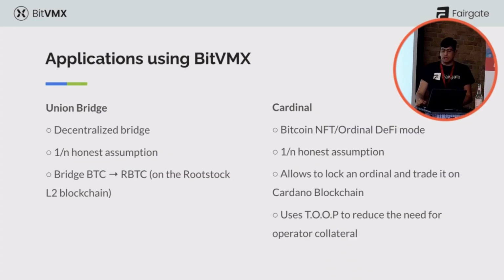It allows us to lock ordinals on Bitcoin and have them on Cardano, so we can trade them or do whatever we want with those NFTs on Cardano. We use the transfer of ownership protocol that was created by Fairgate, to reduce the need for operator collateral. We have a paper about this and more information on our Knowledge Hub, so feel free to go there if you want more information about that.